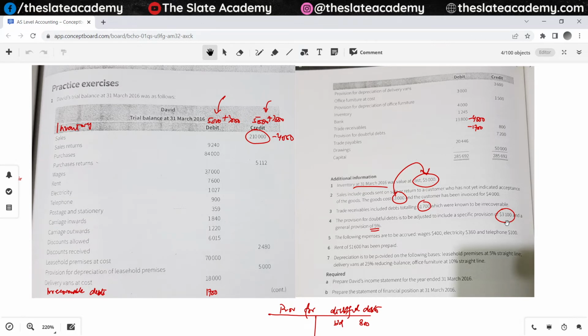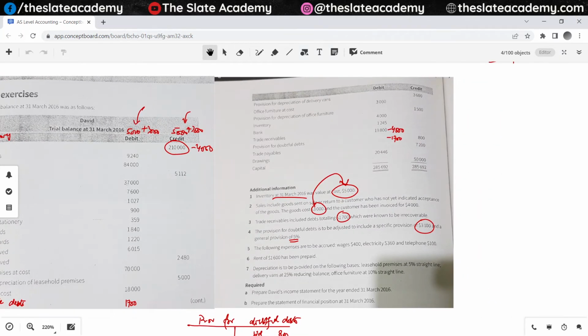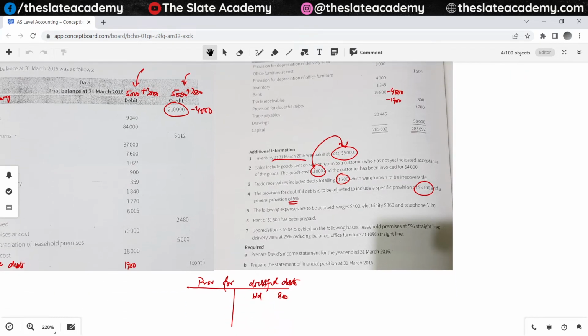Okay, so I deduct this 3,100 as well. For this 3,100, what's the double entry that I'm going to pass? Provision for doubtful debt account debit by 3,100, and debtors account, or trade receivables account, credit by 3,100.